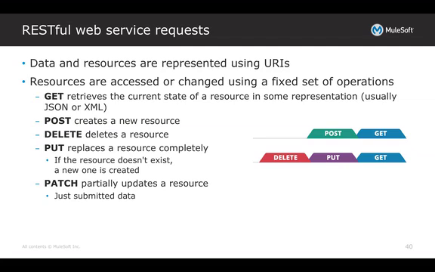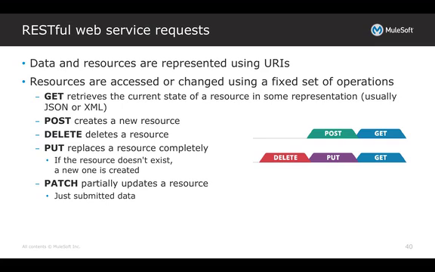If you wanted to post to the customer resource, it would create a new customer inside of that resource, customers. If you wanted to delete the customer's resource, it would assume you want to delete the entire thing you're identifying, so all the customers would be deleted. If you wanted to put to the customer's resource, that would imply you want to literally replace all of the customers with a new set of customers.